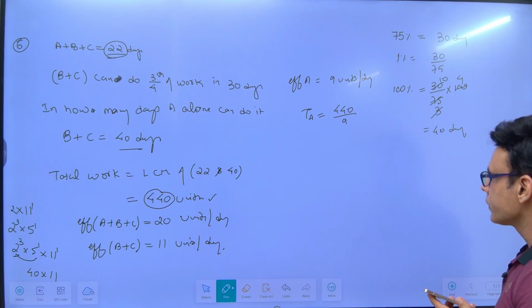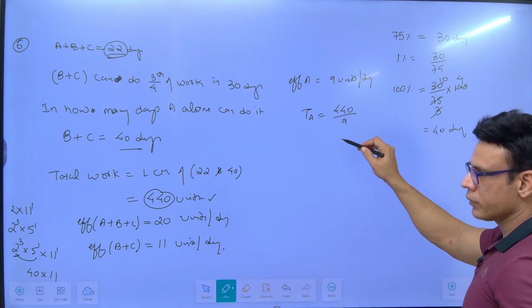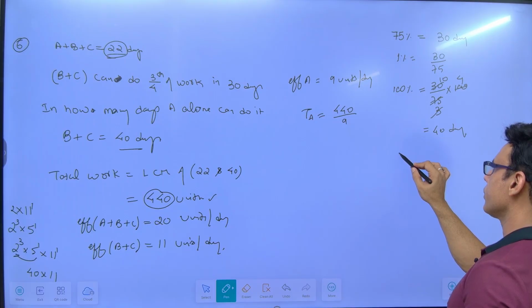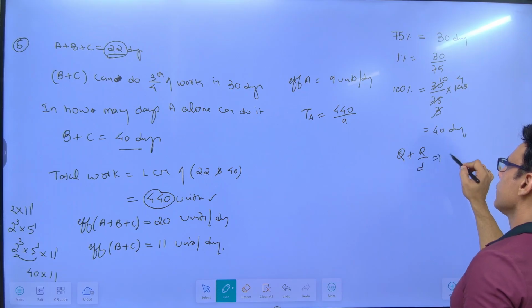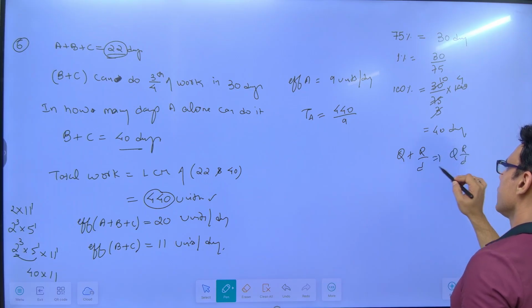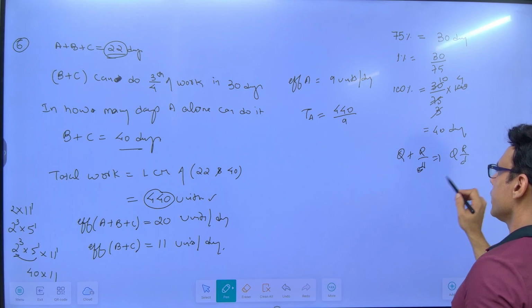Okay, so you want to convert this fraction to a mixed fraction. How to do it, right? You have to remember this Q plus R by D, or simply Q R by D. Q is your quotient, R is your remainder, D is your divisor.